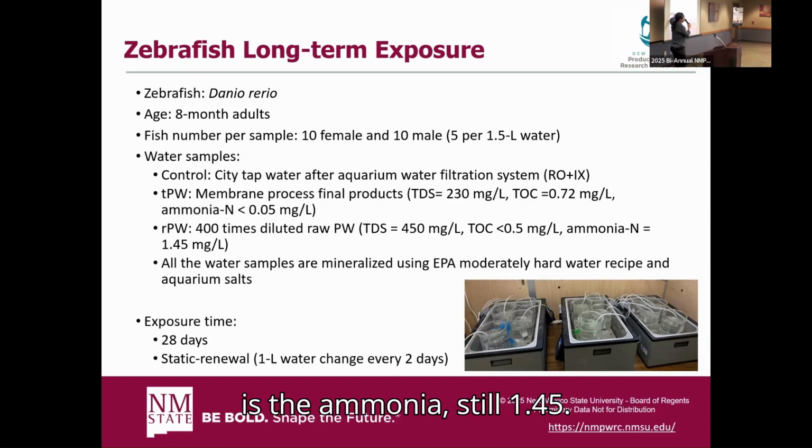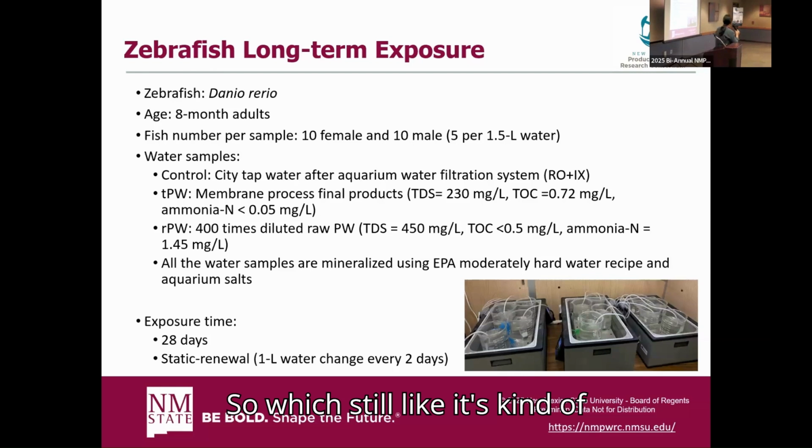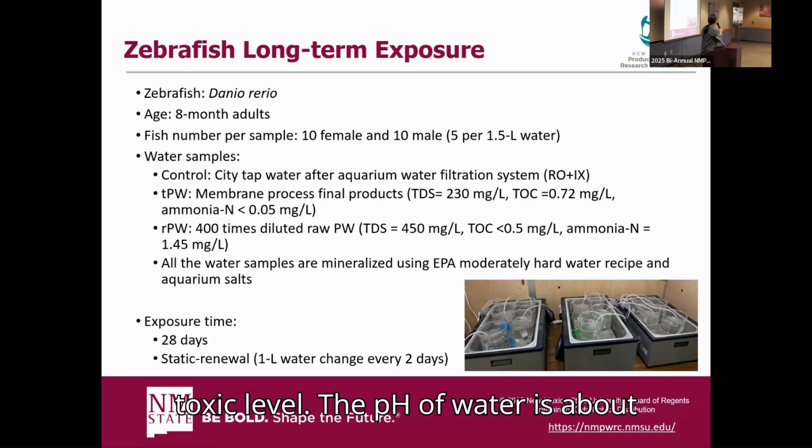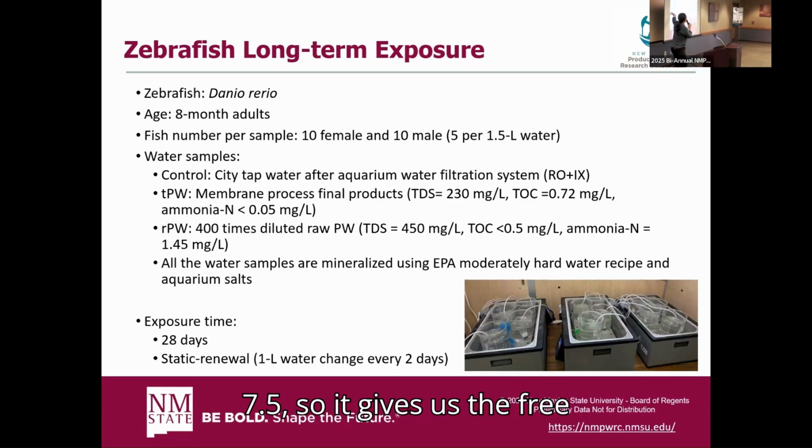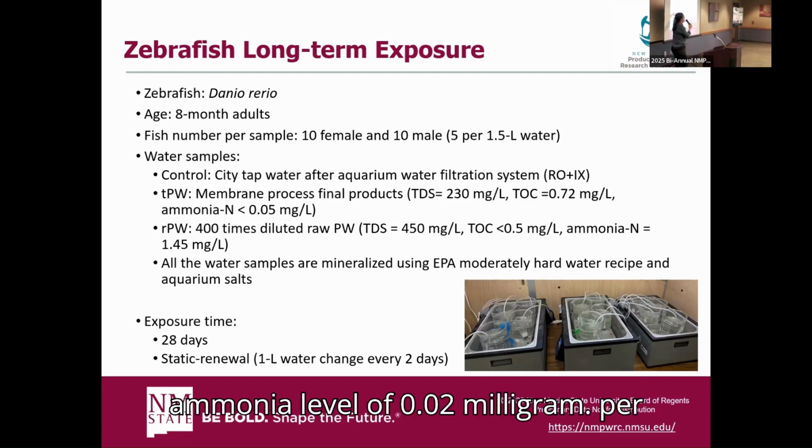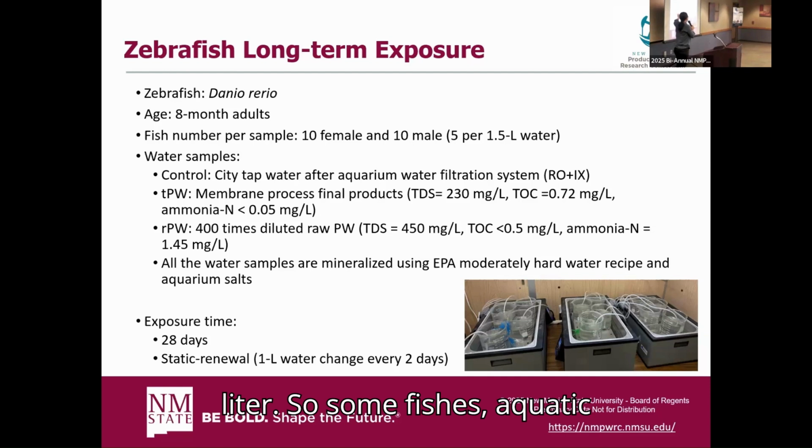The only thing is the ammonia, still 1.45, which is still a toxic level. The pH of the water is about 7.5, so it gives us a free ammonia level of 0.02 milligrams per liter. Some fish and aquatic organisms are still sensitive to that.